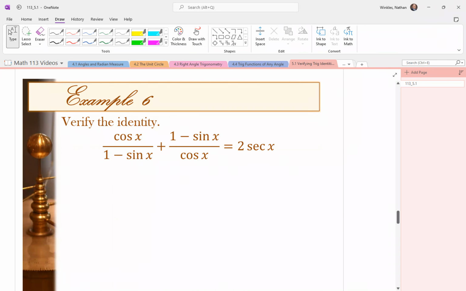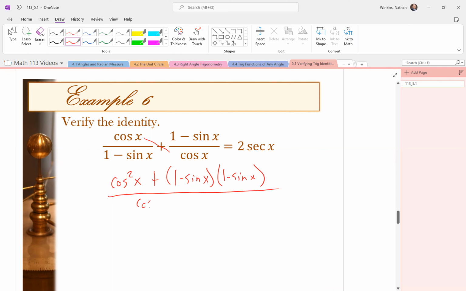So for number 6 here, first thing I suggest, let's get a common denominator. So we would have cosine squared x by this multiplication plus 1 minus sine x times 1 minus sine x.